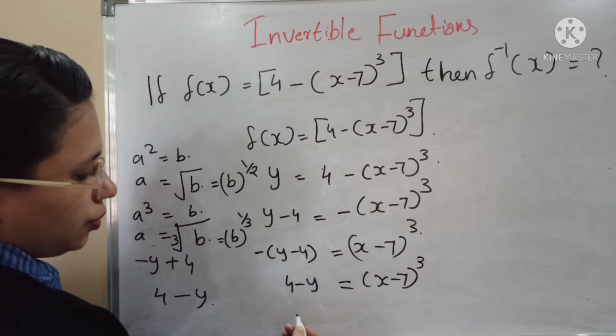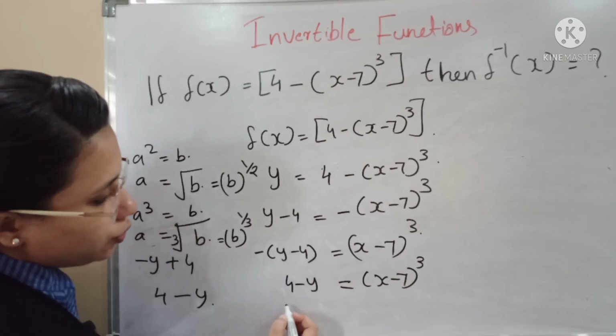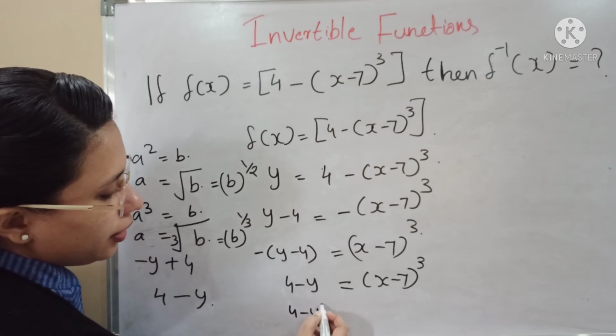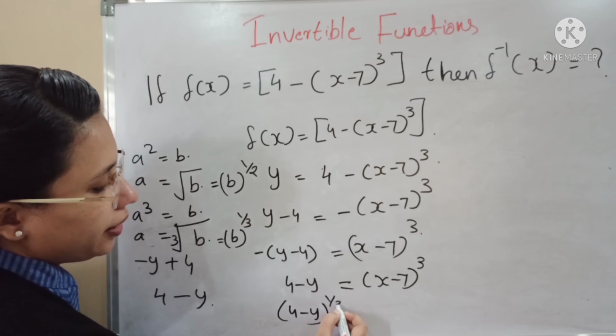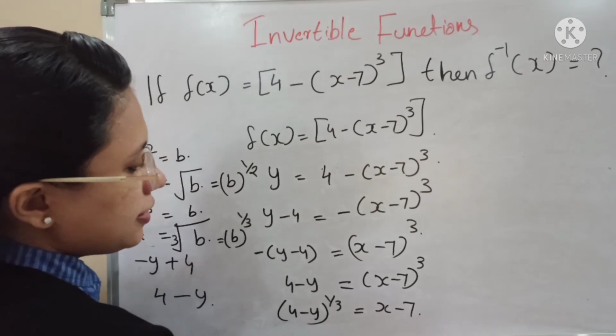Now, to remove this cube, what will we do? (4 minus y) all raised to 1 by 3 equals x minus 7.